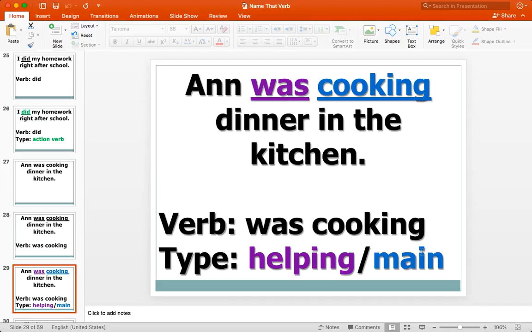I know in that grammar booklet in the front, there may be some examples as well. So you can use that, or you can also use the paper that we worked on earlier this week if you have that handy. But you can also, if you need to, rewatch this to look at the examples. But I do want you to try your best to complete the sentences and be able to figure out what the verbs are and what type of verbs they are. So go ahead and get started.